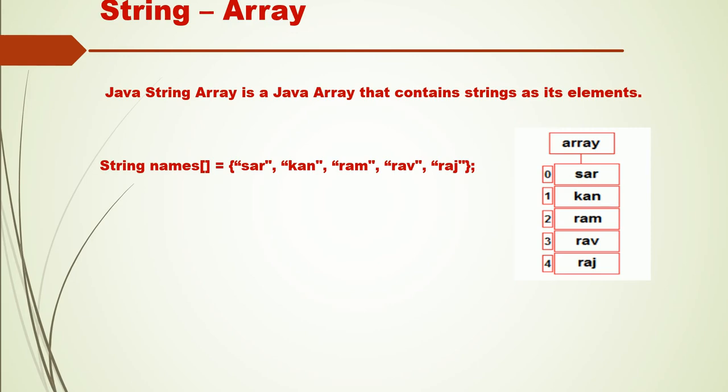This is a string array, an array that contains strings. A string is nothing but a collection of characters, or we can say a simple word. Now proceed to the next.